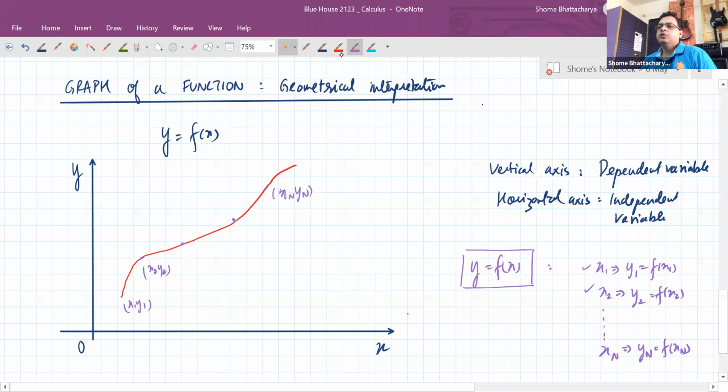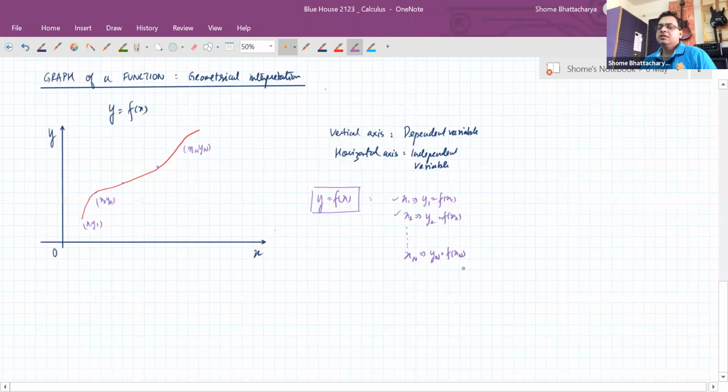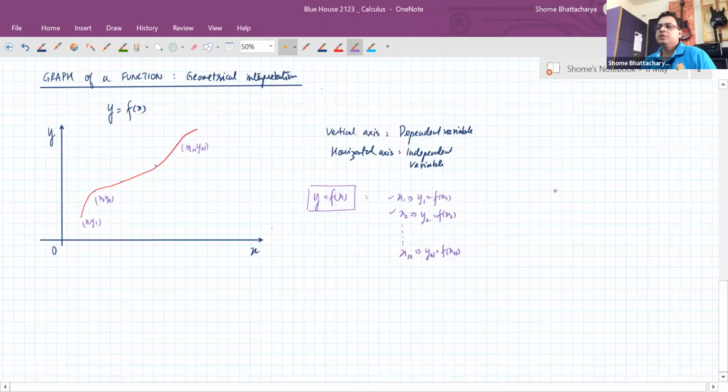A more accurate way of drawing a graph would be to write a computer program which will select a virtually infinite number of points. For example, it might take x1 as 0, x2 as this much, then x3. It will do something that we cannot do by hand because it is too tedious and lengthy.